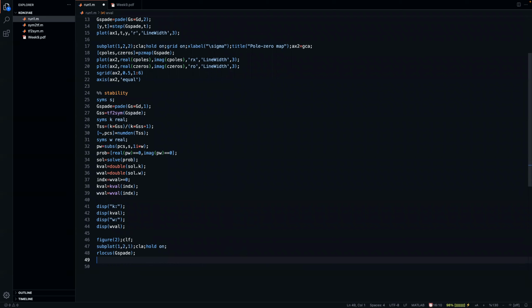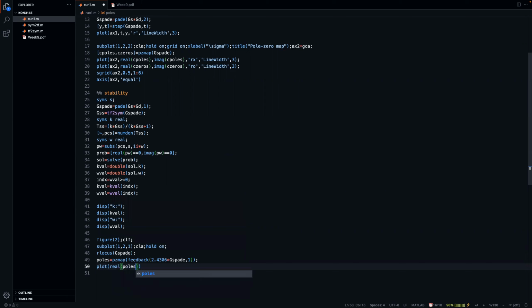So only the poles are important. So poles are pzmap of feedback of K times G(s) Padé, comma 1, plot real poles, and then imaginary poles. Like this.